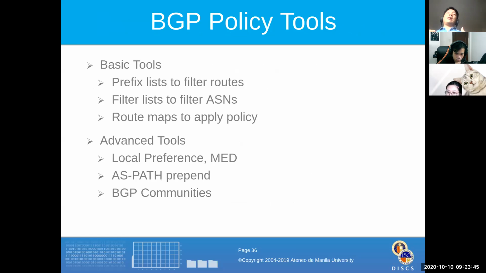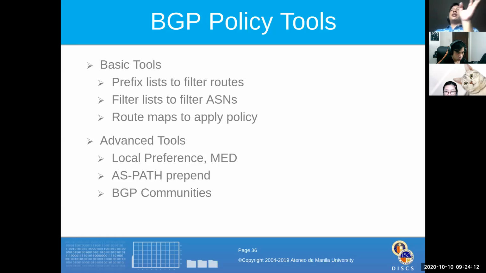Right? Because that doesn't make sense to me since I'm paying for internet. I don't want a Converge subscriber to use Ateneo's network to access PLDT, right? So you have to create prefix lists for that. You can define, okay, networks within my network can go in and out, but traffic from somebody else outside cannot go in and out. So that's a prefix list.